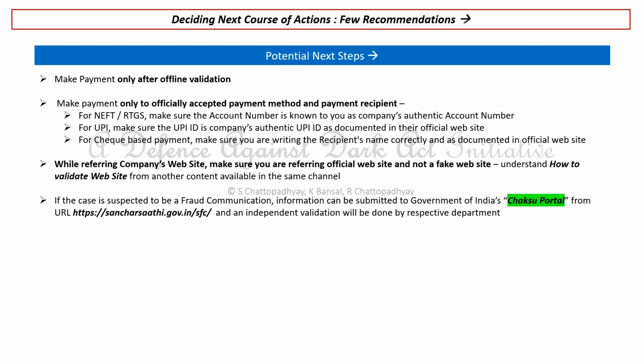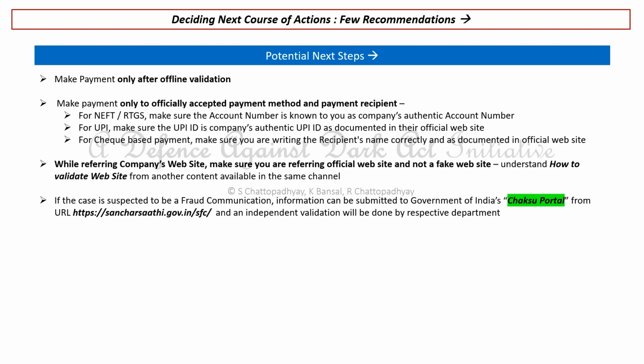And if you are going to share something confidential like a security verification code, you need to be sure that the verification code sent to you belongs to the same benefit provider brand with whom you are having this discussion. And definitely, if you're making payments, you need to be clear that the payment method you're using is as per the documented procedure on the company's website.